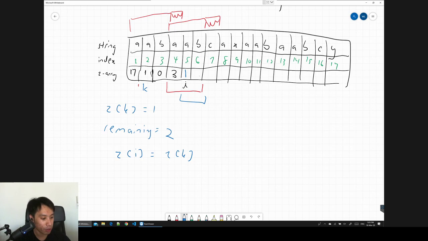Because you have the Z box, you know the alphabets here and the alphabets here are the same. So if I've computed anything on the left hand side, I should be able to use it on the right hand side. My computation on the left hand side tells me that at position K, the substring beginning from position K, if I were to compare with the prefix of the string, only the first character is the same, which is why I have the number 1.